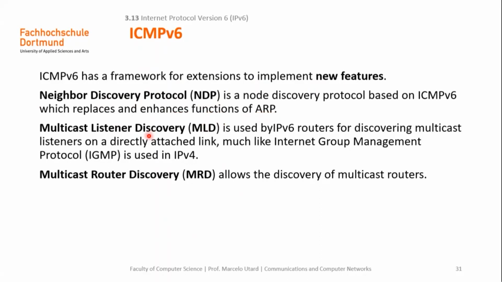And there are other new features like multicast listener discovery, MLD, that is used by IP version 6 routers in order to discover multicast listeners on a directly attached link, much like IGMP, the Internet Group Management Protocol, used in IP version 4. And for instance, multicast router discovery allows the discovery of multicast routers.